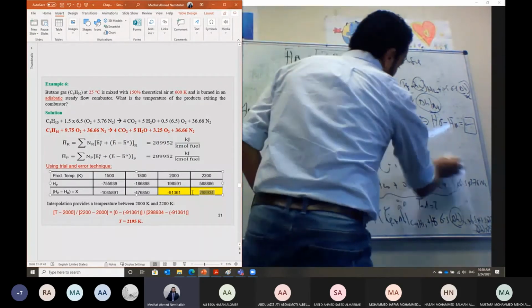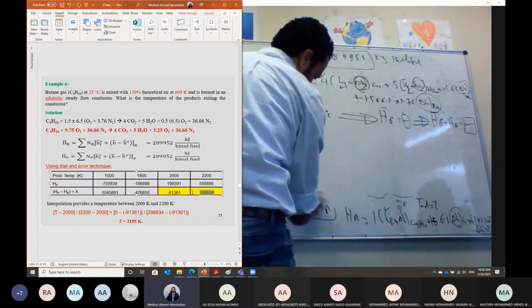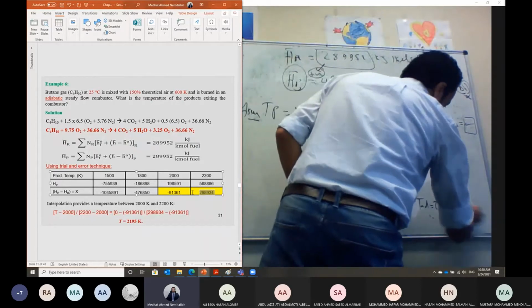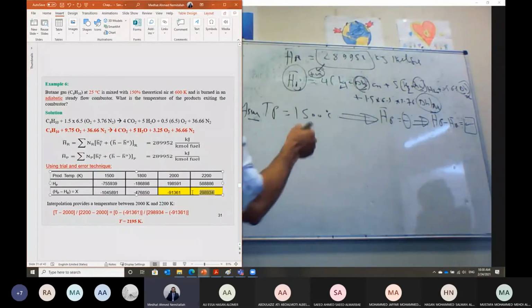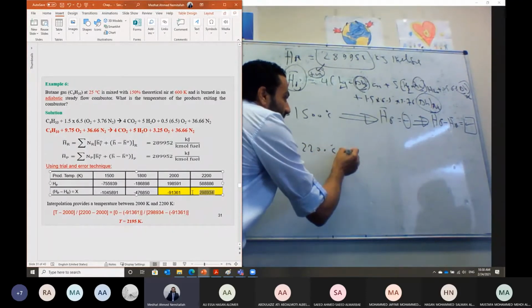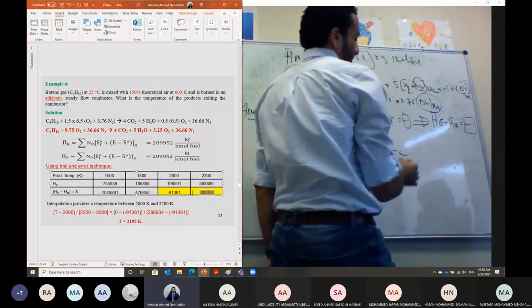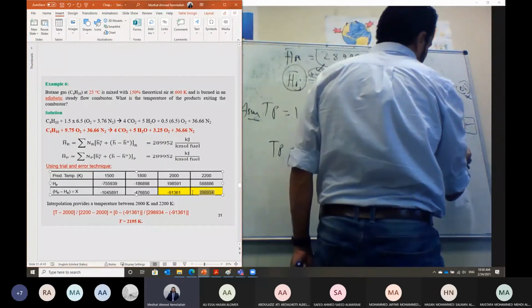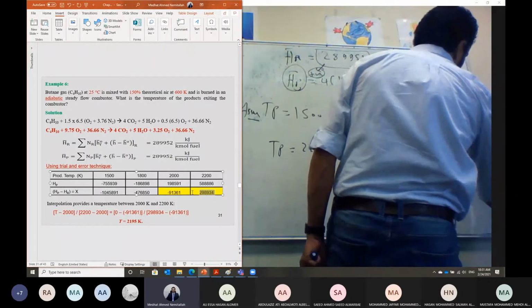So I will assume the temperature is 2200 and calculate H product. Here, let's say T product, I will assume 2200 degrees. I will calculate H product, and in this case I will calculate the difference H product minus H reactant. It will be a given value.